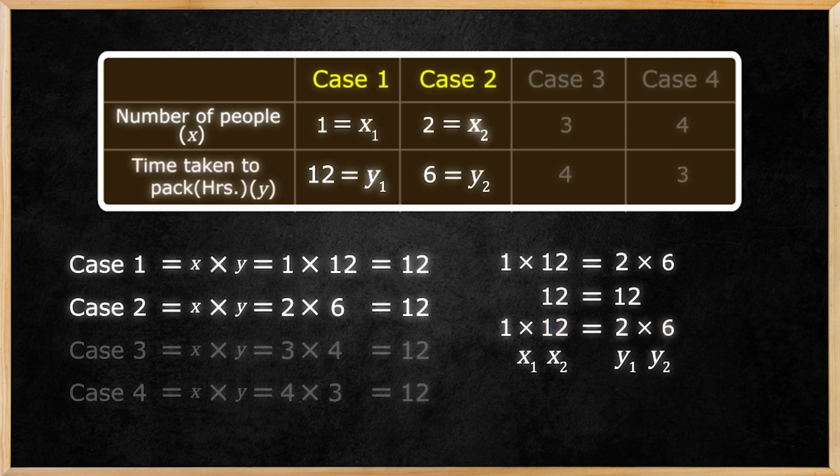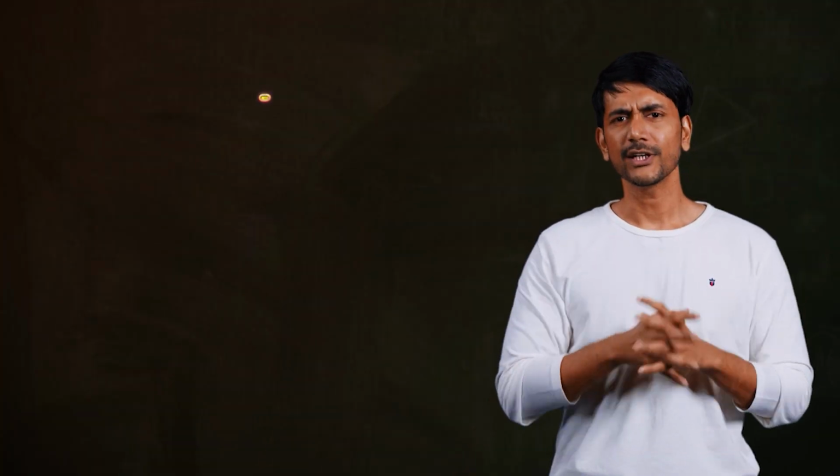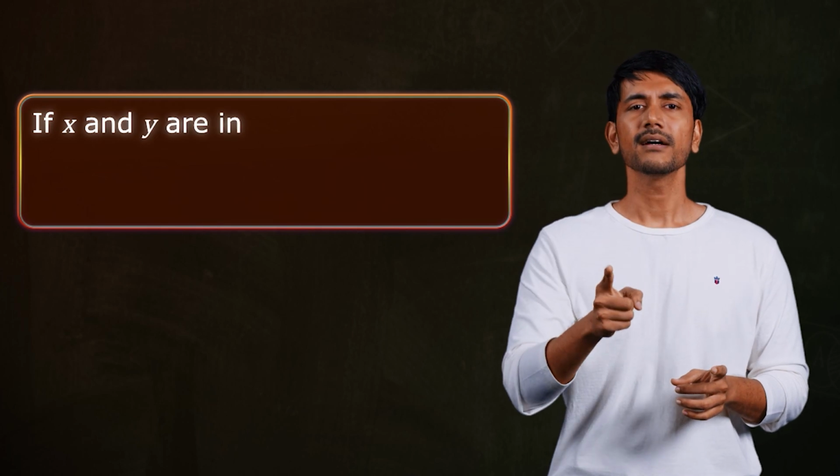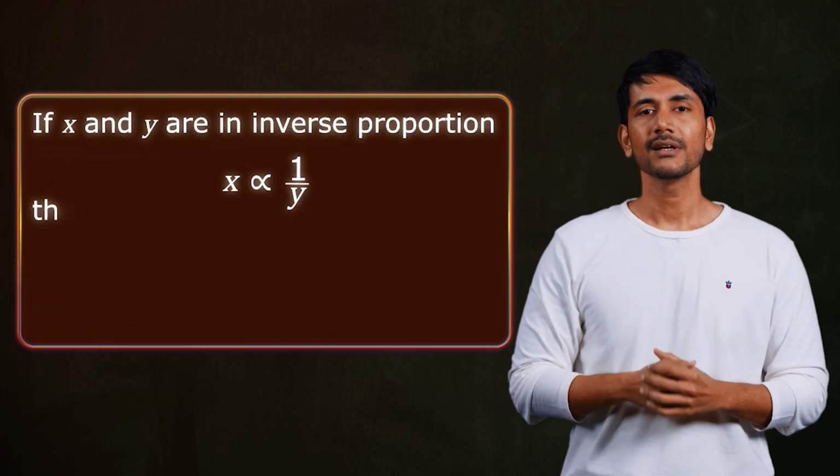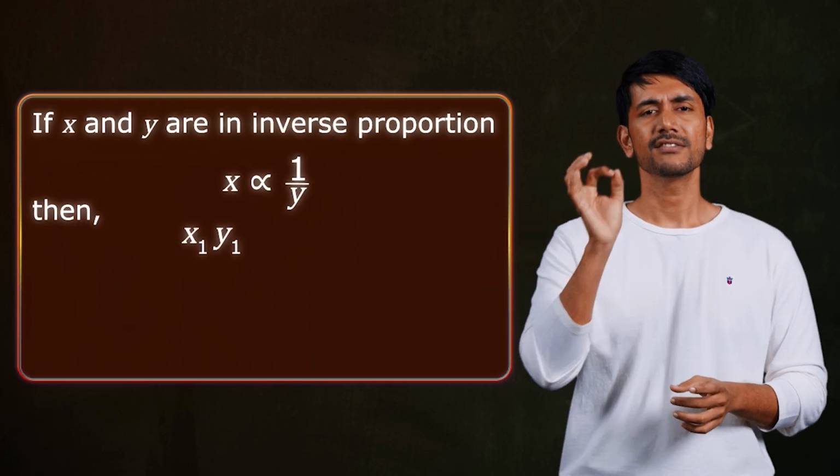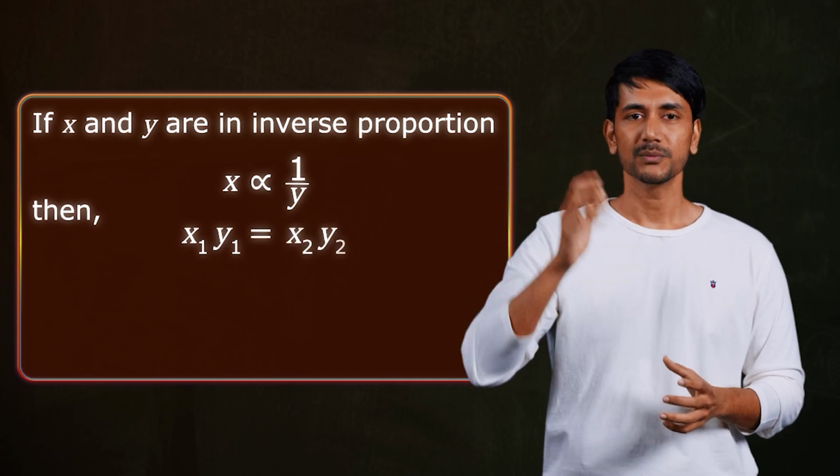So, we have x1 multiplied by y1 equal to x2 multiplied by y2, or x1 y1 is equal to x2 y2. In general, if x and y are in inverse proportion, then x1 y1 is equal to x2 y2.